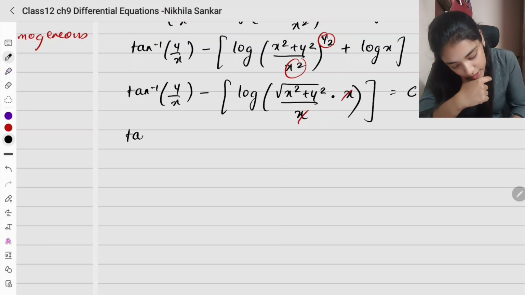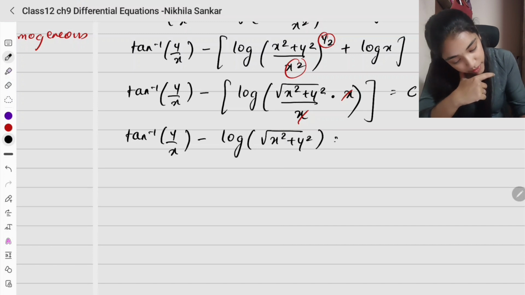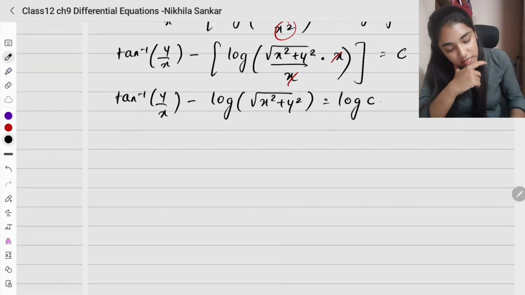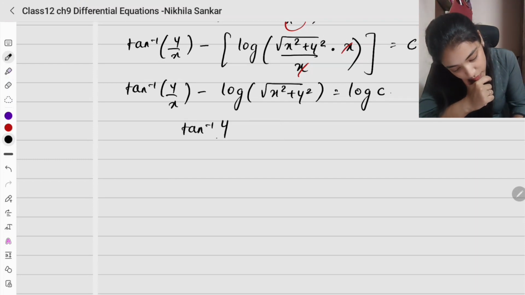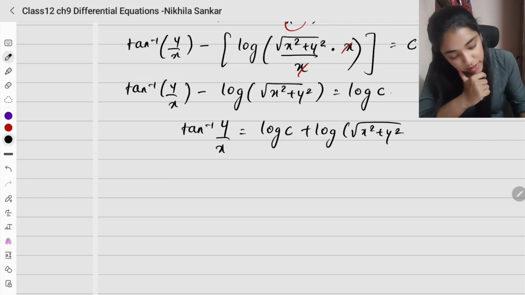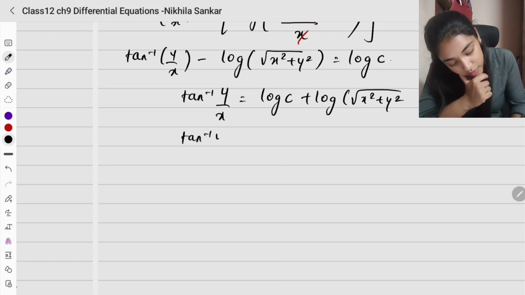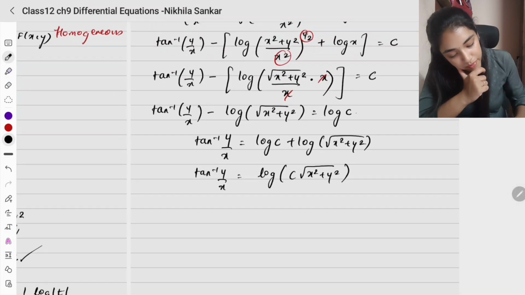So I'll be left with tan inverse of y divided by x minus log of square root of x square plus y square equals log c. Otherwise, can we take c as log c? C can also be log c. So I'm going to take it to the other side. Tan inverse of y divided by x equals log c plus log of square root of x square plus y square. We can keep simplifying as much as we want. So tan inverse of y divided by x equals, log a plus log b is log ab, so log of c times square root of x square plus y square. Okay, please copy.